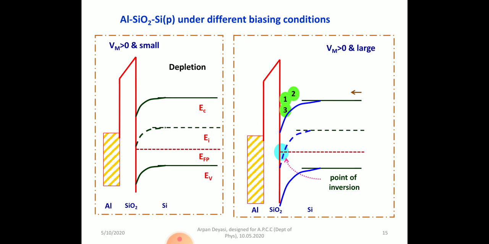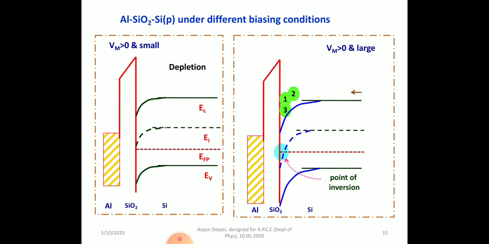If they cross, then at this point you will find a small portion where you will get a condition which will be called the inversion condition. The question will be why?